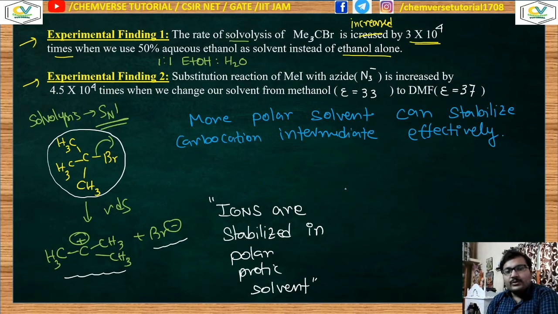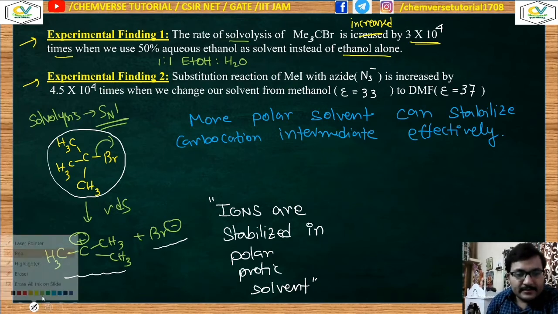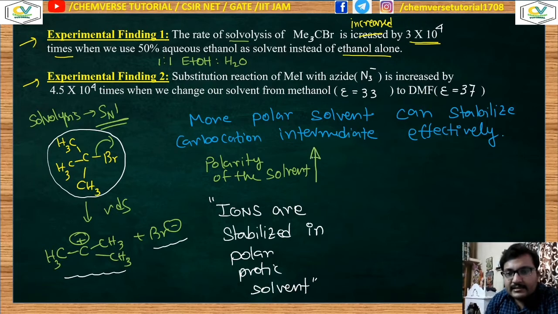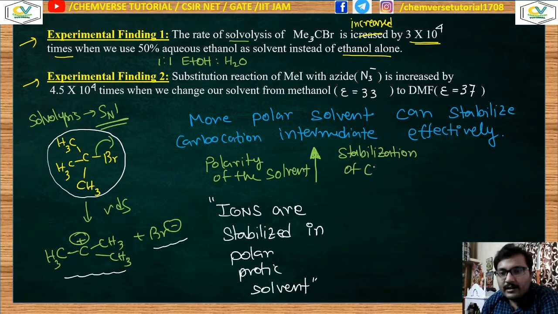As a result, if the polarity of the solvent increases, automatically the stabilization of the cation increases, and it will result in an increase in the rate of the SN1 mechanism.